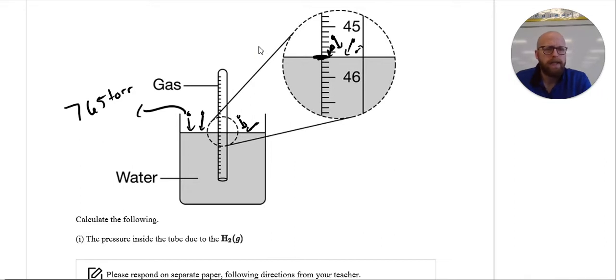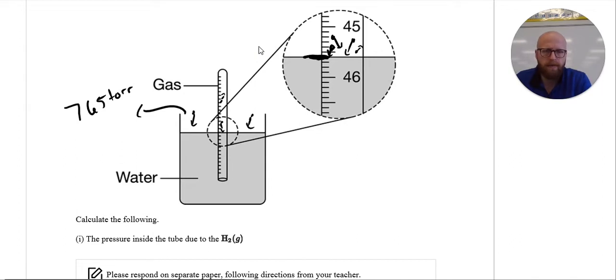But if our levels are equal, what's that tell me about the pressure that this is putting on and the pressure inside the tube here? If the levels are equal to each other, that tells me that the pressures are equal to each other. So the 765 torr of the atmospheric pressure is equal to the pressure of the particles inside here.